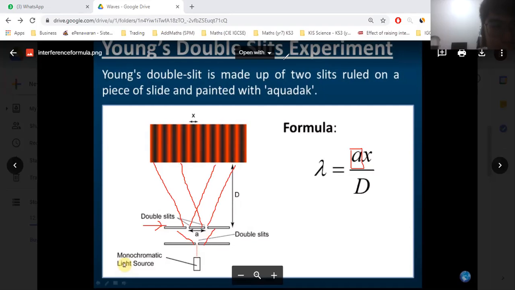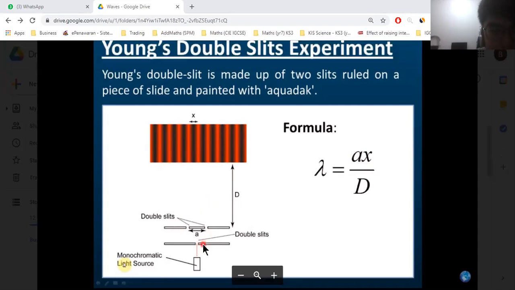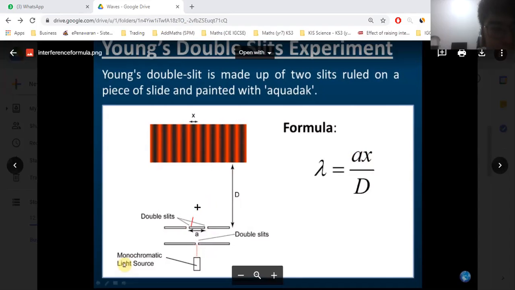All right. I'll explain again. After the first single slit, the waves diffract, right? Diffract is spread out. Now, after passing through the second slit, the interference will happen.